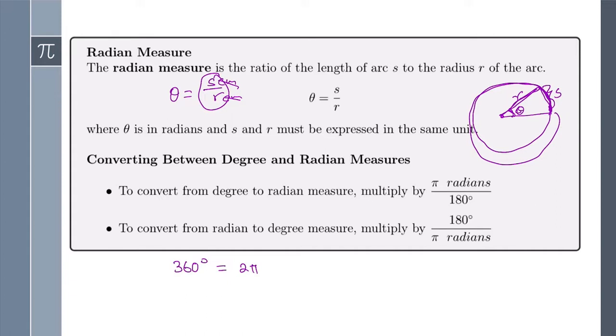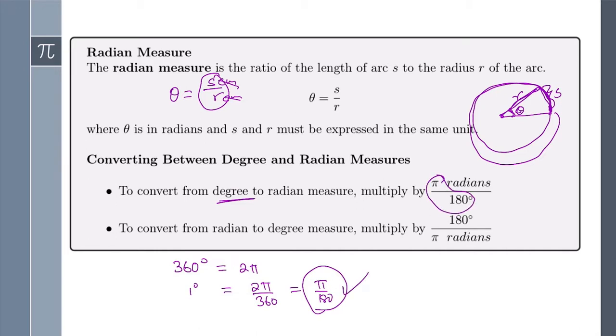Now that means we can convert from degrees to radians. So for example, what is 1 degree? If we divide by 360, we get 2 pi over 360, and that gives us pi over 180. So in order to convert from degrees to radians, we multiply by pi over 180.